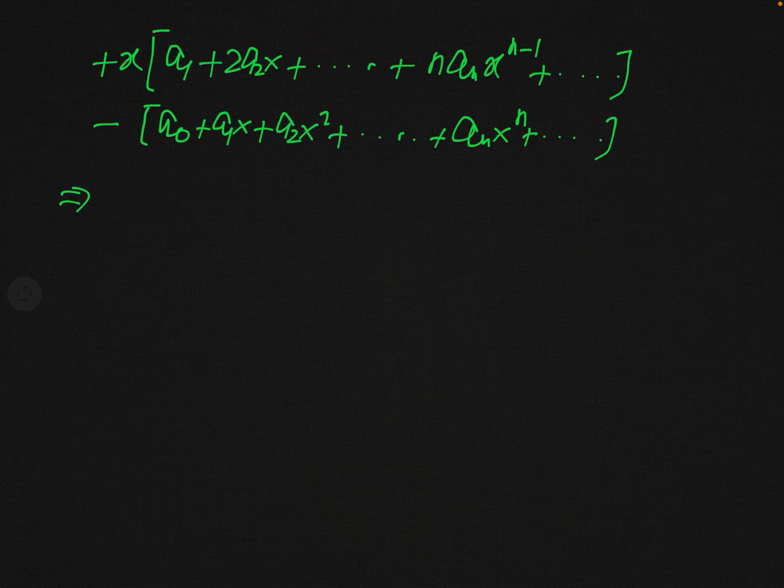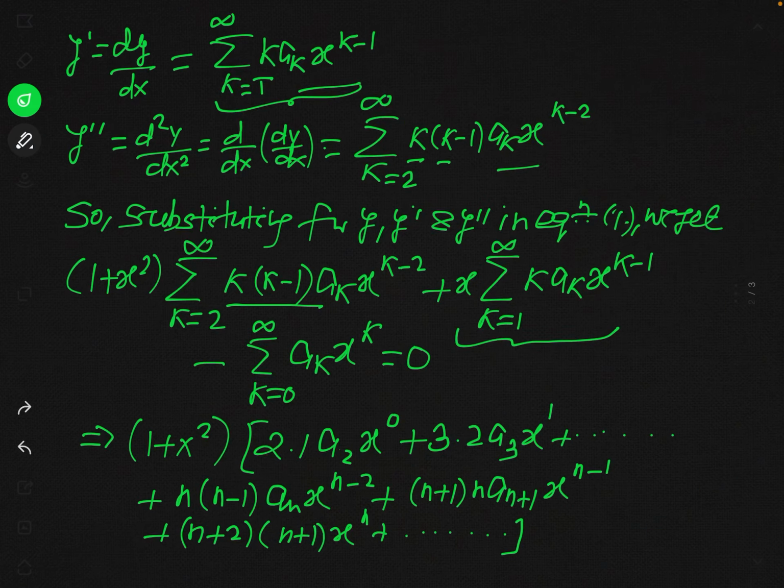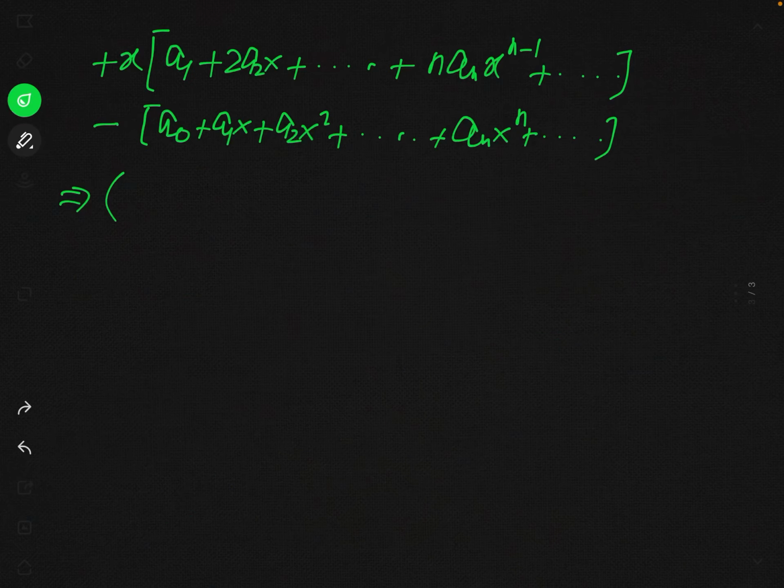If we associate all the terms in which there is x to the power 0, here x to the power 0 is present, and its coefficient is 2a2, and in the second series there is no x to the power 0, but in the third series there is a0 only, so it is a0 into x to the power 0.